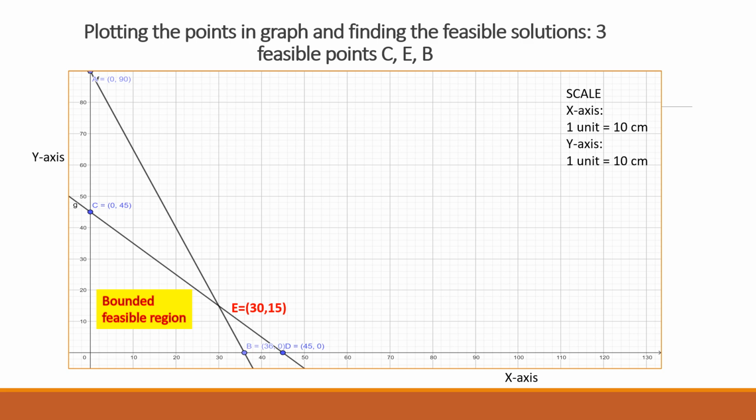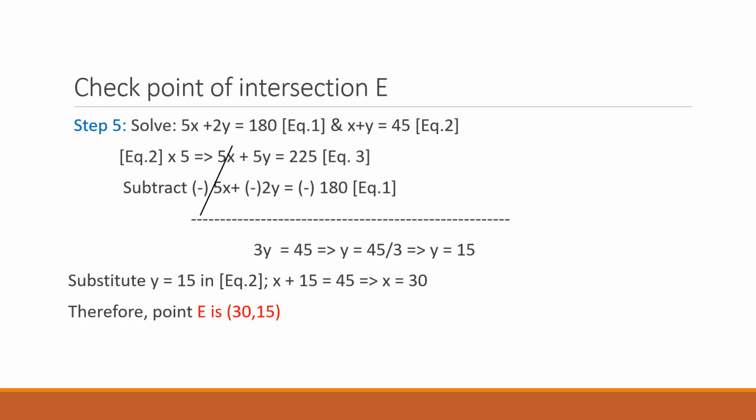We get an intersecting point E, and if our graph is very exact, we can find the value 30, 15. As in the earlier problem, the bounded feasible region here is under CEB. So we can use these 3 points to find the maximum Z value.